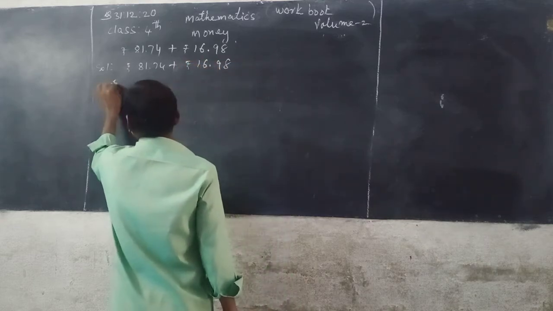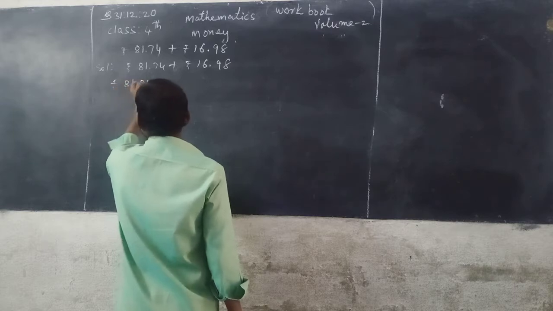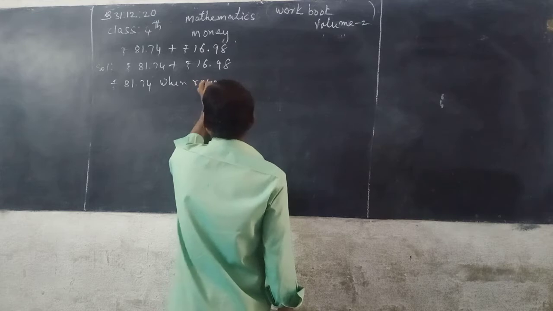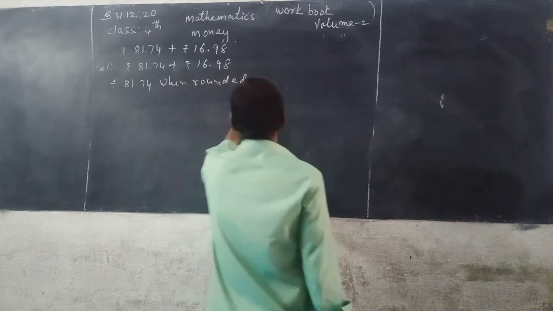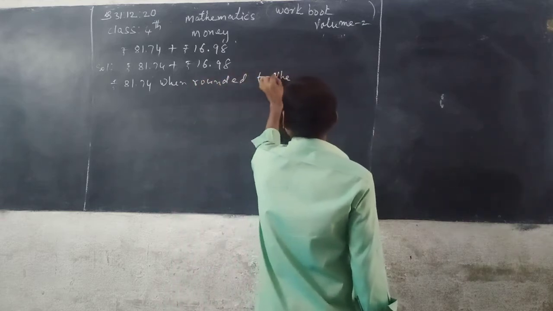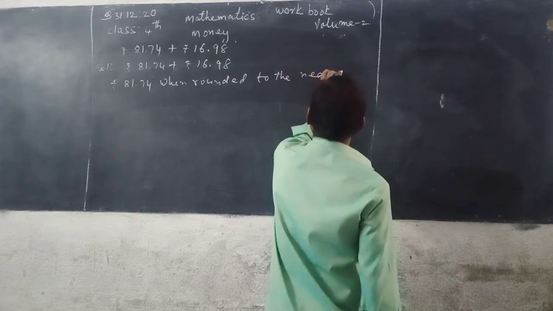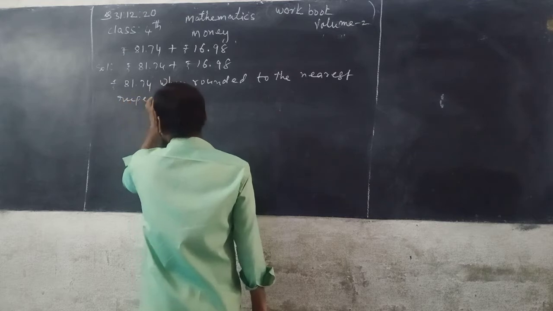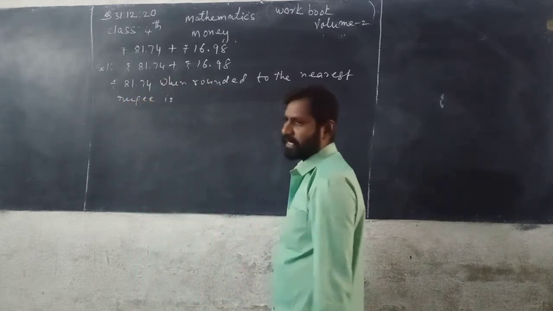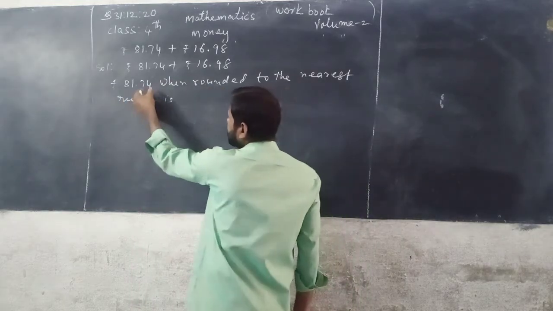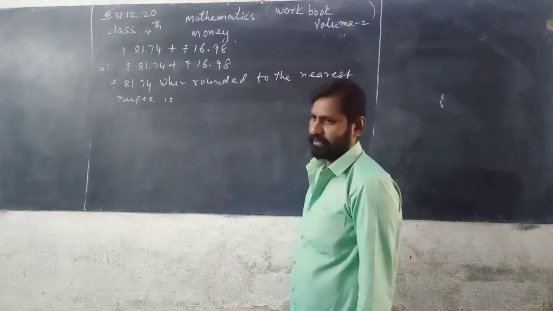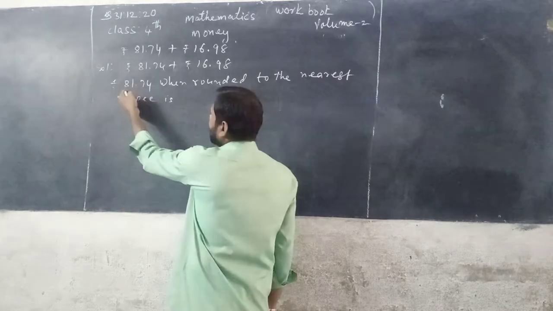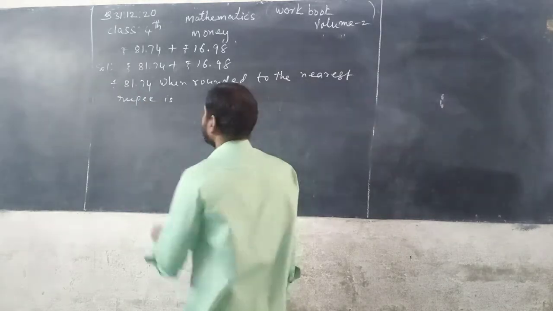First, 81 rupees 74 paise when rounded to the nearest rupee is, see, listen carefully, look at the backboard. 74 paise is more than 50 paise. Then 74 paise is nearer to 1 rupee. 1 rupee is added to 81 rupees, you will get 82.